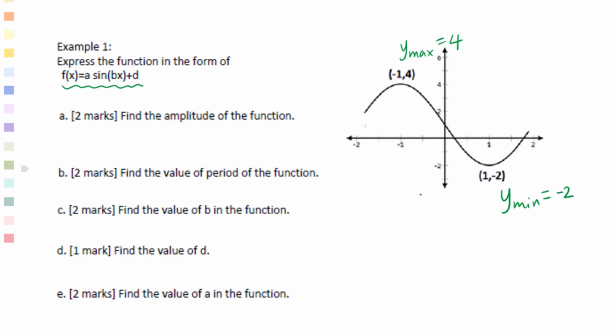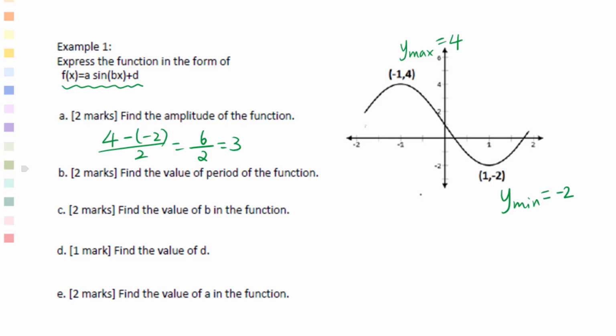So half the distance between maximum and minimum points is the amplitude. So 4 minus -2 over 2 equals 6 over 2 equals 3.